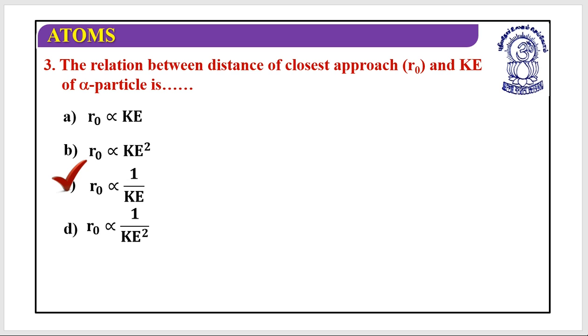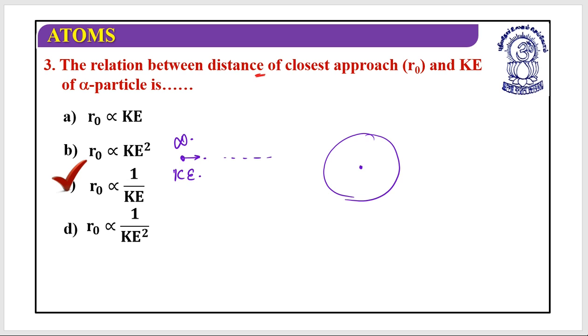Next, a relation between the distance of closest approach and the kinetic energy of the alpha particle. We derived it earlier, but let's derive it one more time. Let's suppose this is the alpha particle at infinite distance having some kinetic energy. Let's say this is the nucleus, this is its center.